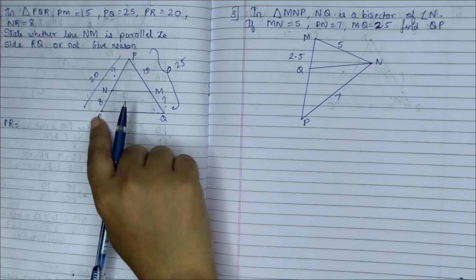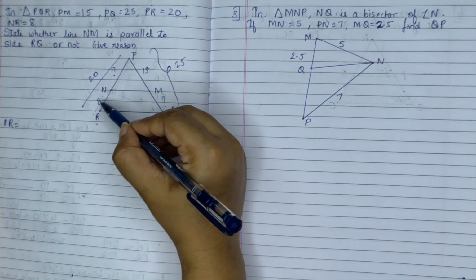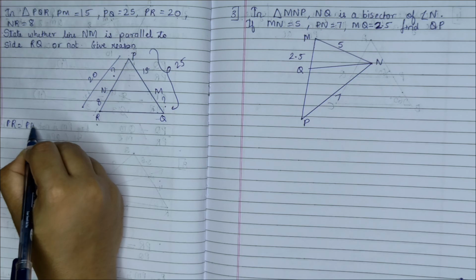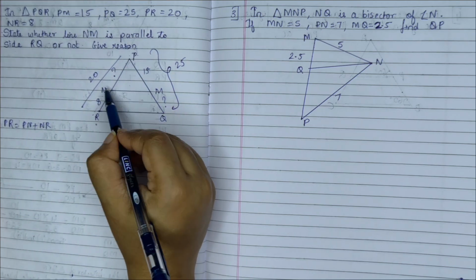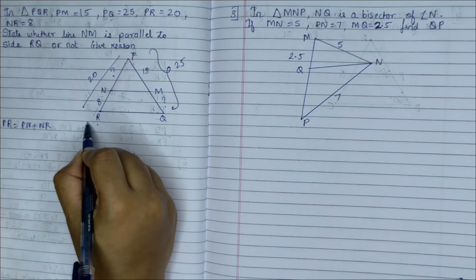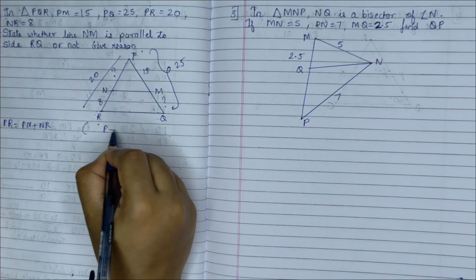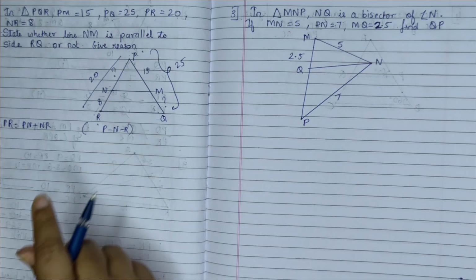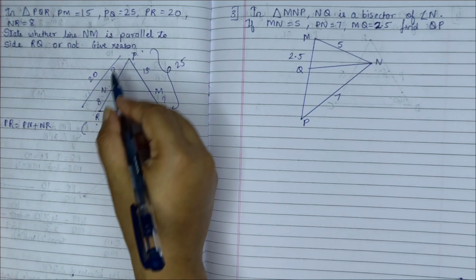PR is formed by PN plus NR. We can write here P dash N dash R. Okay, that means the three points are in a straight line, they are collinear.